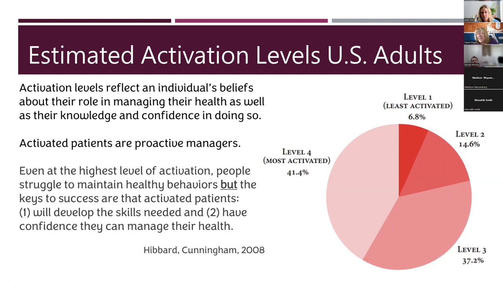When you add those two levels together, you get about 20% of US adults. And I found it interesting when I thought about the percent of US adults that are also at the lowest levels of literacy and don't read well, because that's also about 1 in 5. The percent found in level 3 is about 37%, and those that are most activated at level 4 are about 41%.